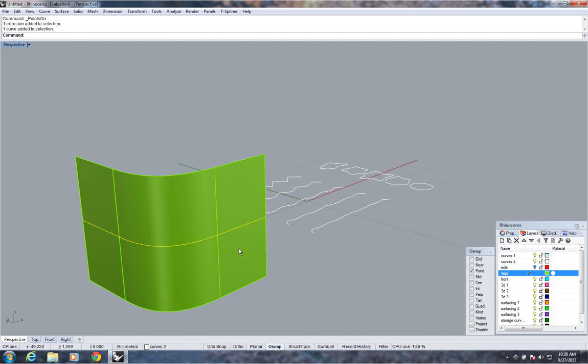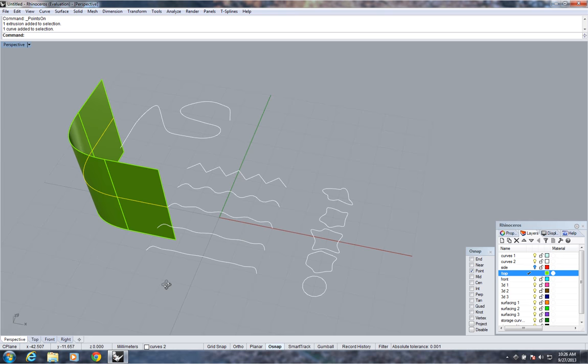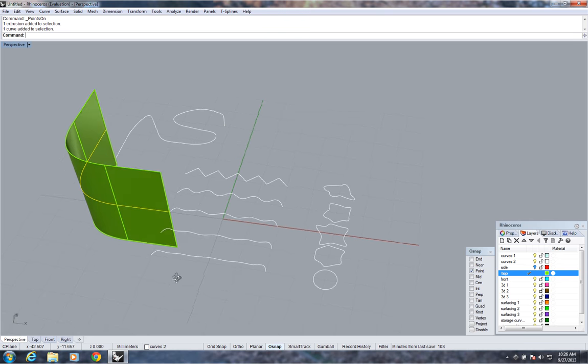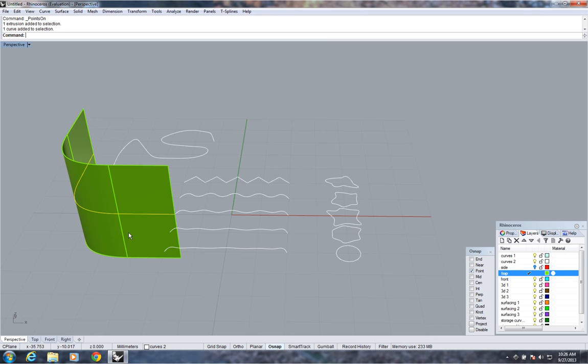Do you remember if this curve is a single curve or a polycurve? It's a polycurve. There are 3 segments joined together. That means it's going to create a polysurface.